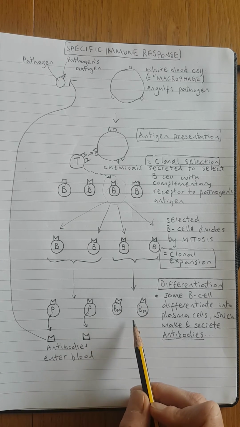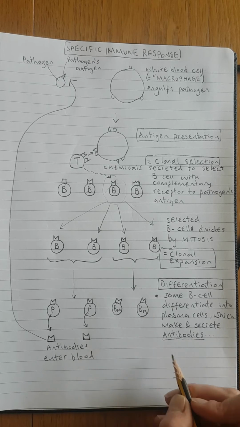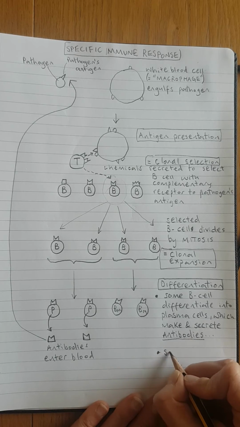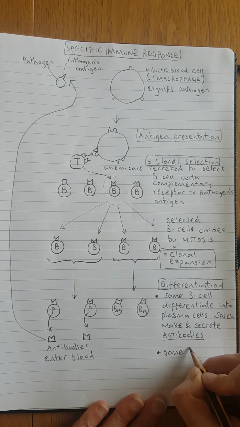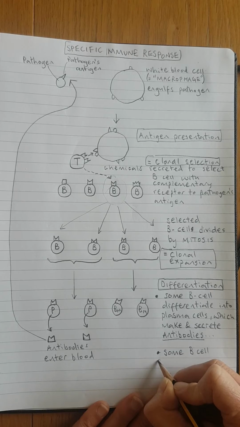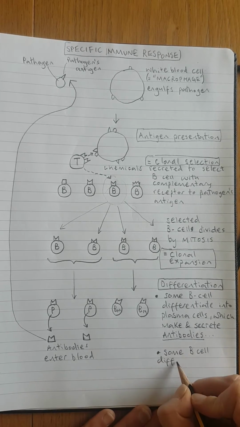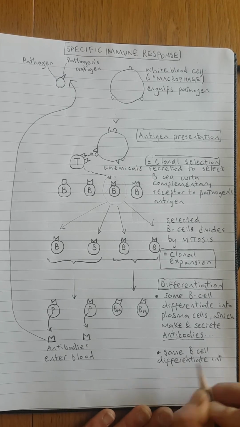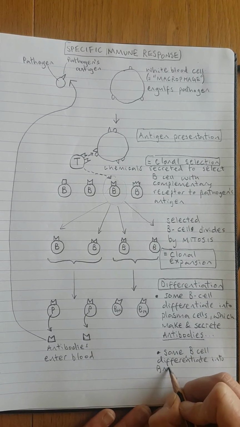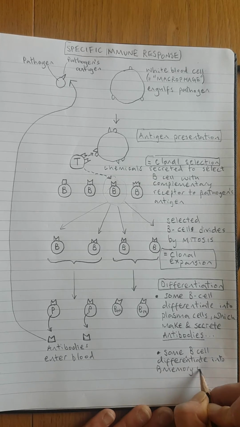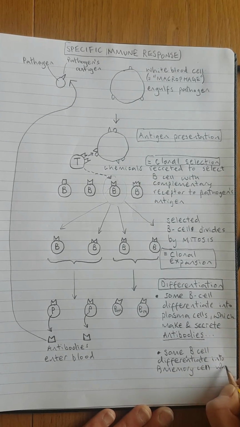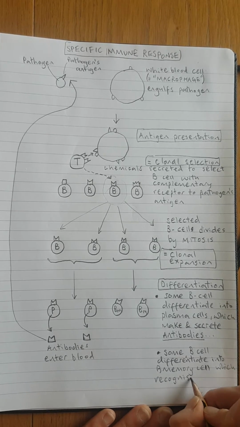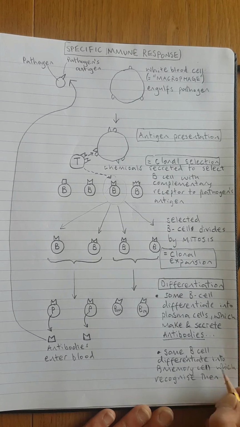Now these B cells, they don't do anything to begin with. So what they do is they stay in the bloodstream after the infection. So some B cells differentiate into B memory cells. And it's these which recognize the antigen if it's presented to the body again.